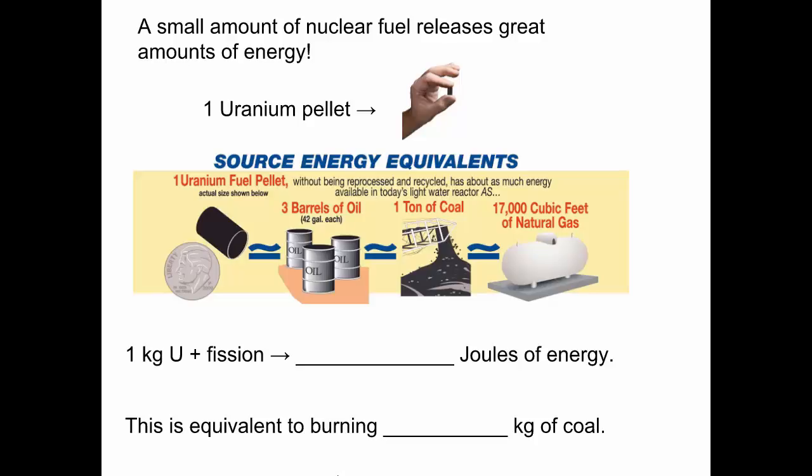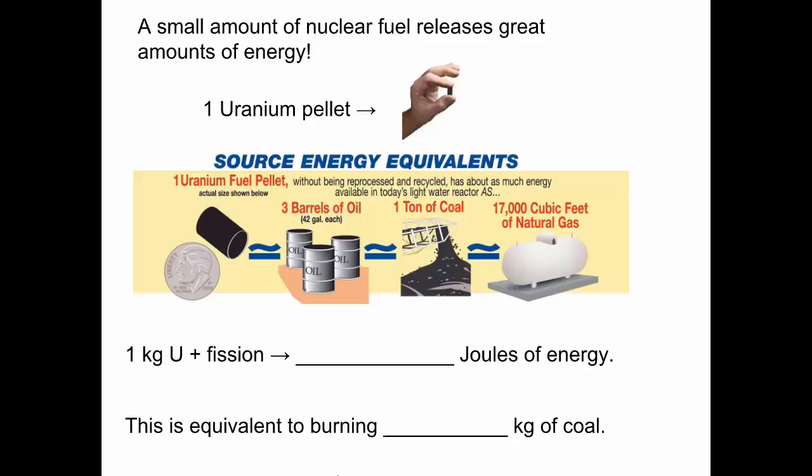And the amazing thing when you talk about the amount of energy contained, this tiny little pellet that you hold in your hands like this of uranium could generate the same amount of electricity as 3 barrels of oil, 1 ton of coal, or this giant tank of natural gas.